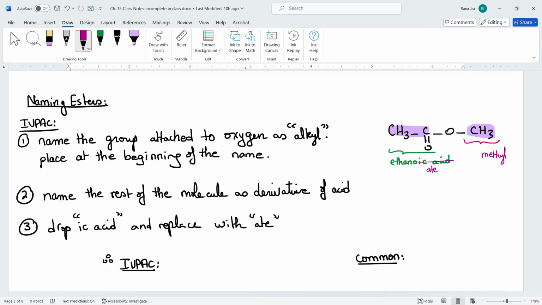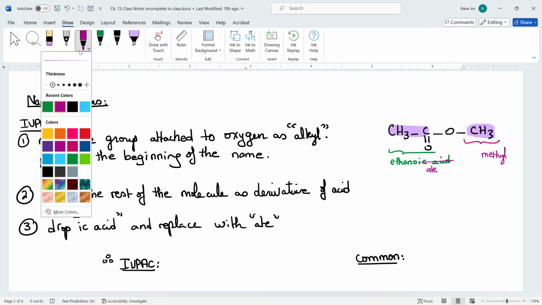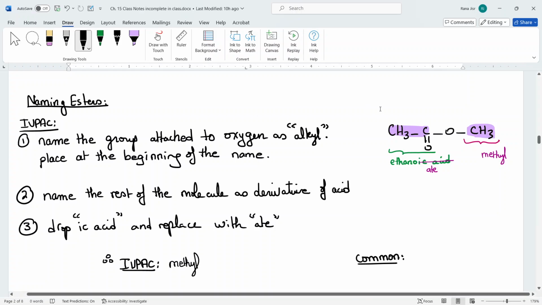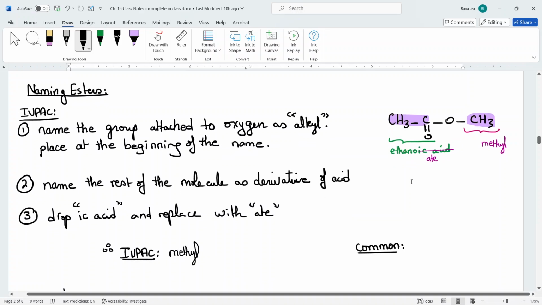So the name here is going to be, you start always with the group connected to the oxygen. So the IUPAC name is going to be methyl, okay? Put a space. So it's going to be methyl, you put a space in there, and then the rest of the name ending in ATE. So it's going to be ethanoate.